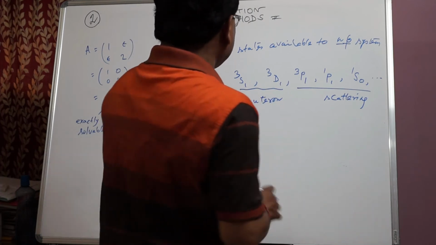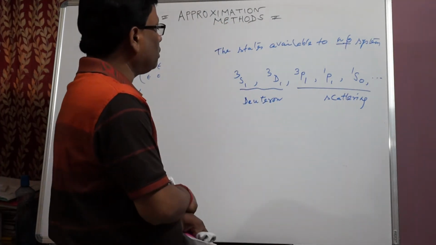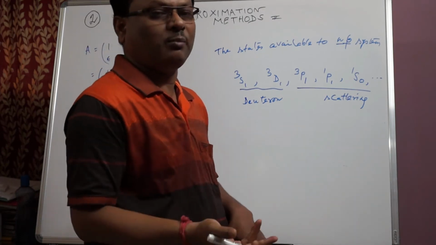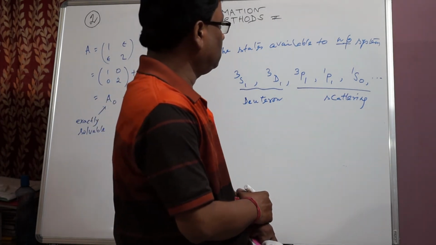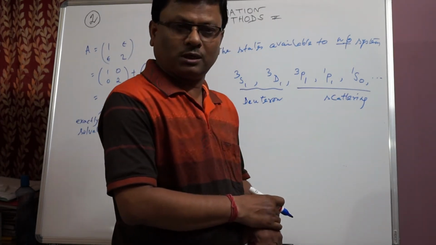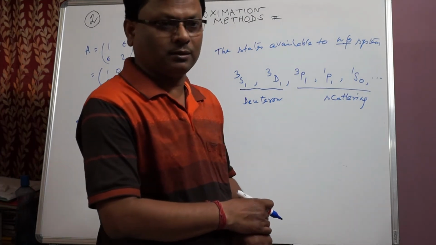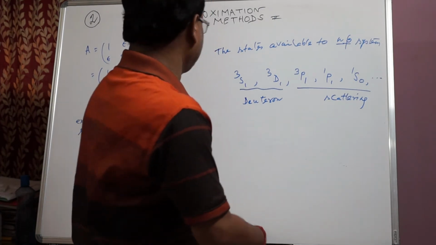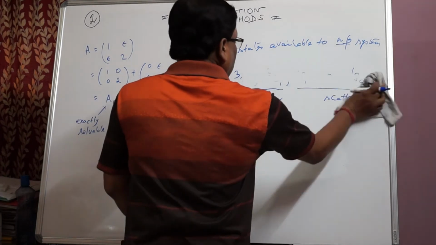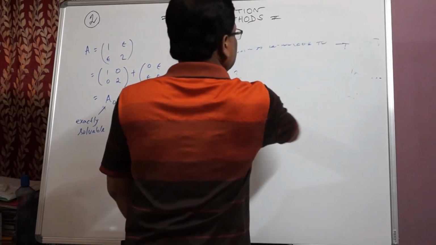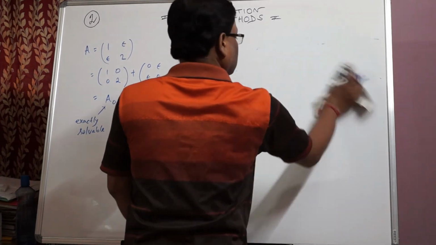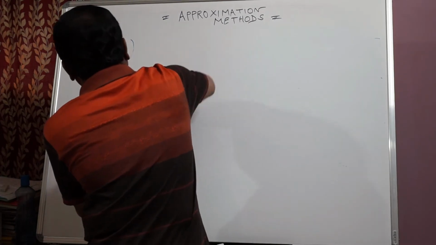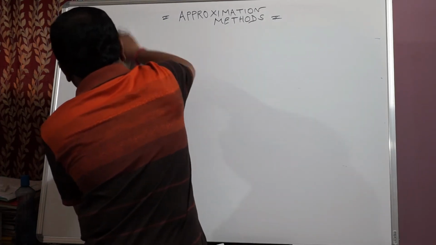Okay, so I give these examples only to understand why we study in quantum mechanics the problem of bound systems and the problem of scattering. The scattering problem we will learn in due course. So I can classify the approximation methods in tabular form.